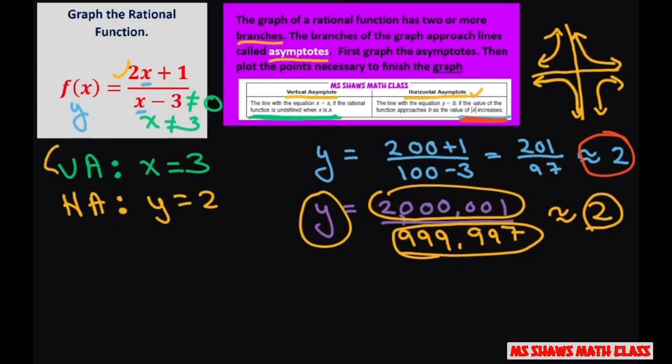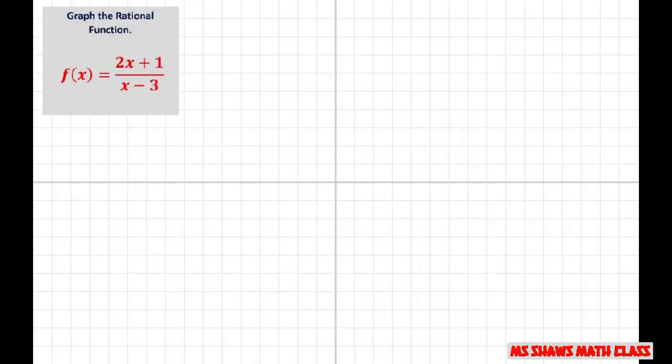Now these asymptotes are going to frame how we graph. So let's do our asymptotes. The vertical asymptote is x equals 3. So that's your vertical.